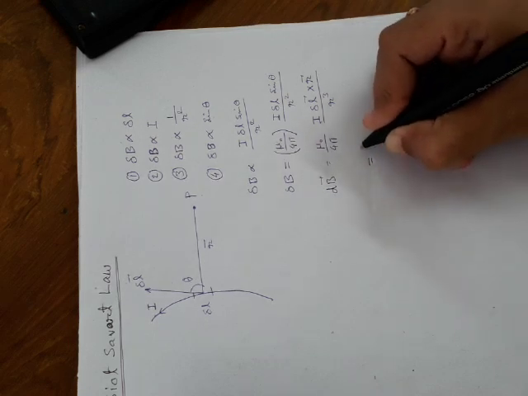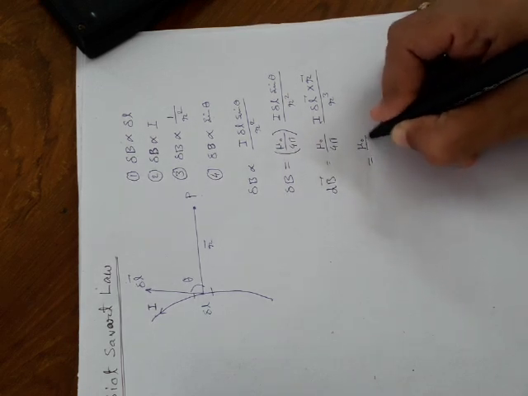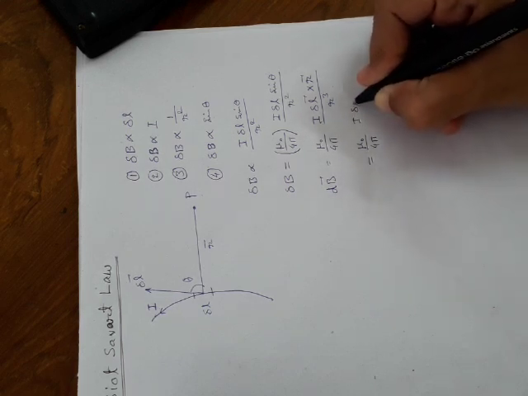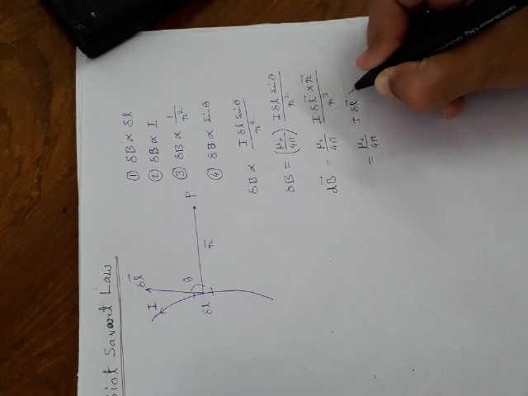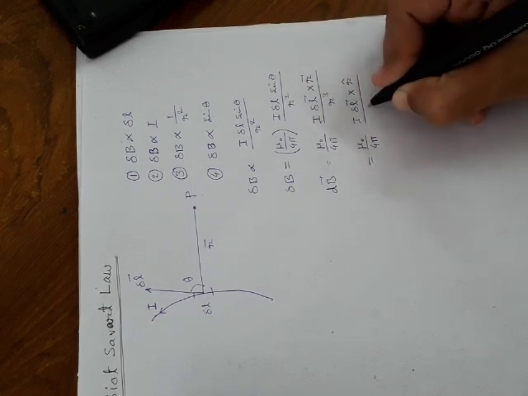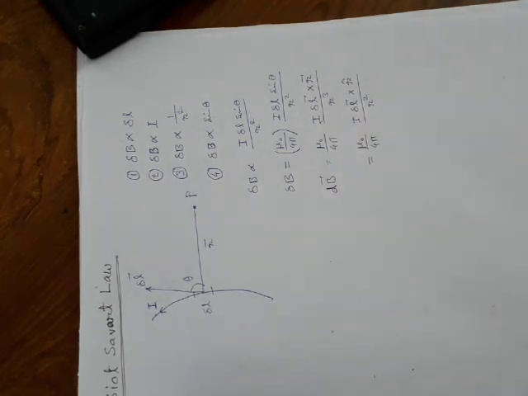In another notation, we can write mu 0 by 4 pi I delta L cross unit vector r by r square.